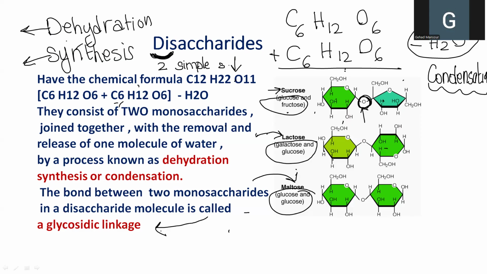So what is a glycosidic linkage? A glycosidic linkage is the link, the bond that forms between two sugars, two monosaccharides actually, during dehydration synthesis.